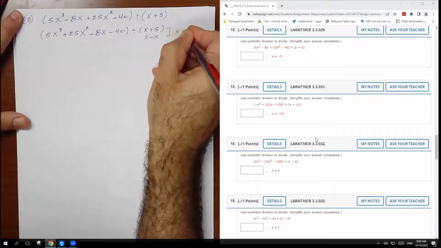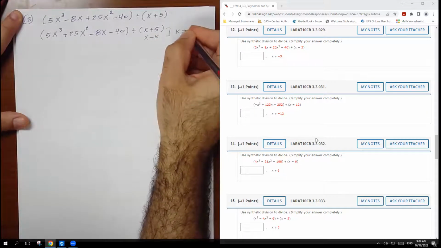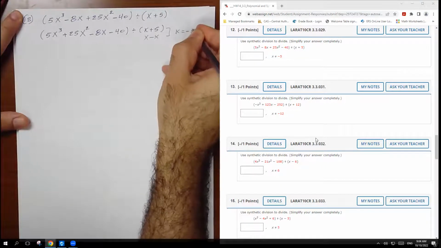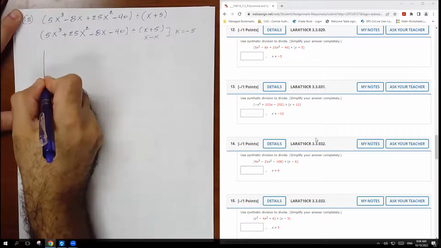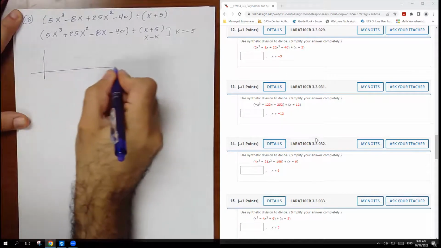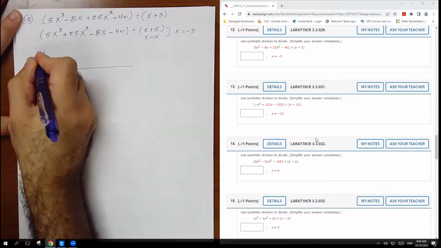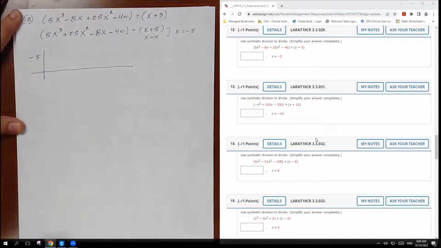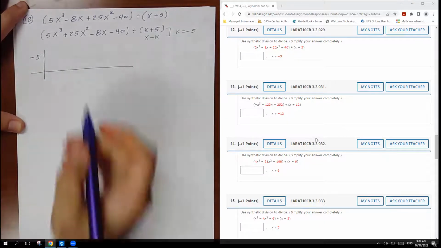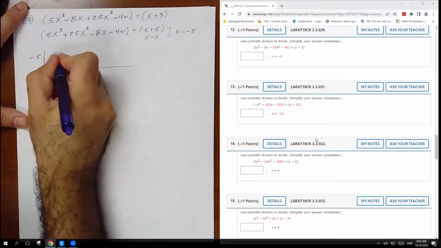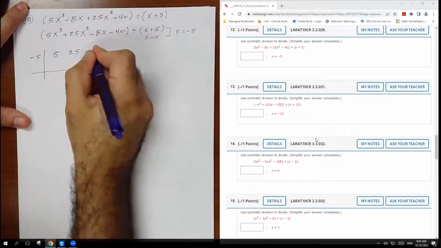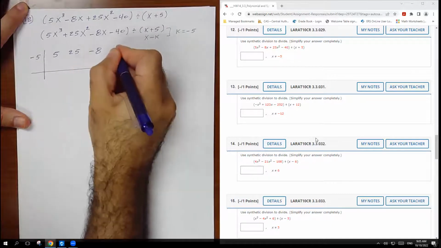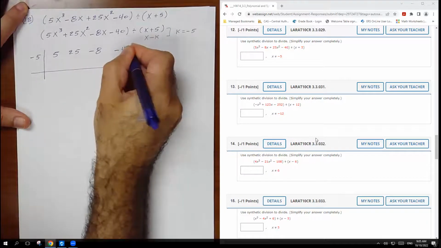So in this case, k is going to be equal to negative 5. That means I'm going to write down here negative 5, and then I'm going to start writing down the coefficients. The first one is 5. This is 25, and here is negative 8 and negative 40.